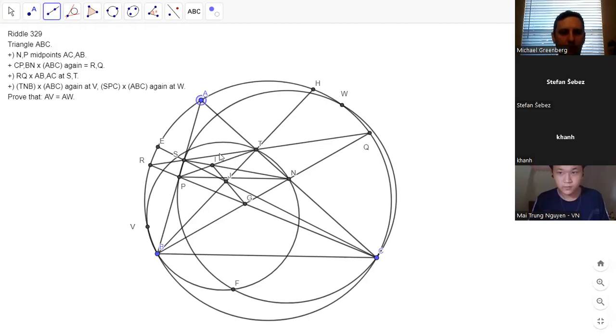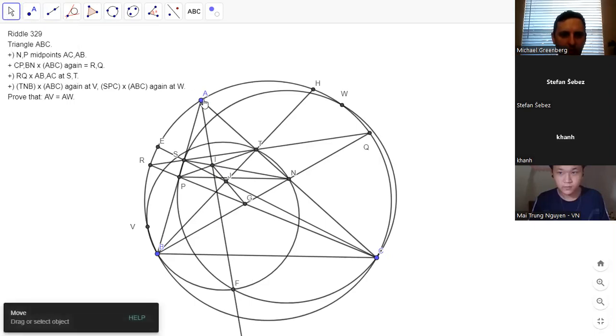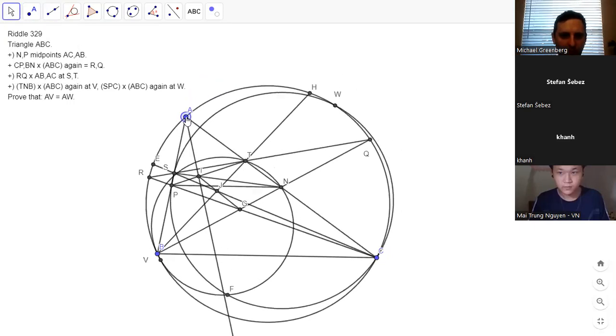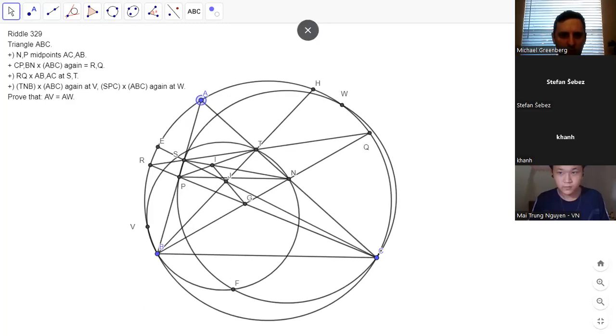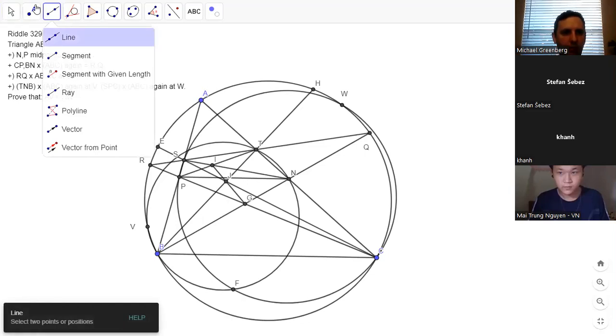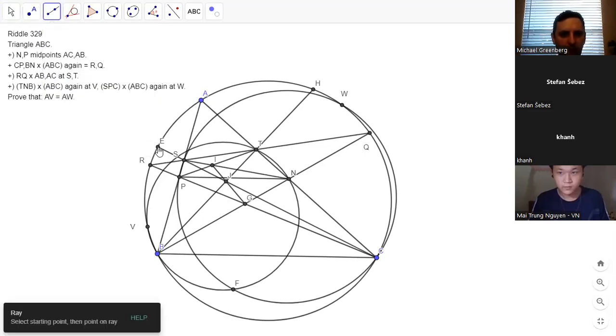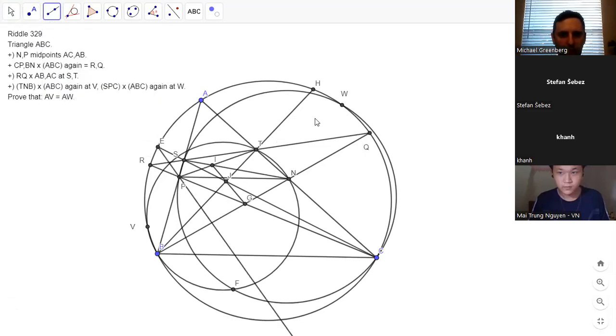Maybe AI and F are collinear. Looks like it. Looks like no. EP, HN, and AJ are concurrent. Oh, really? Okay. EP, HN, and AJ. That's interesting.